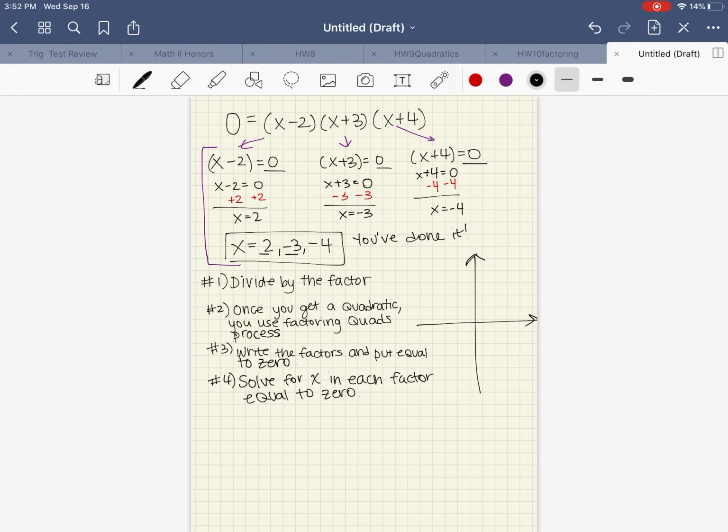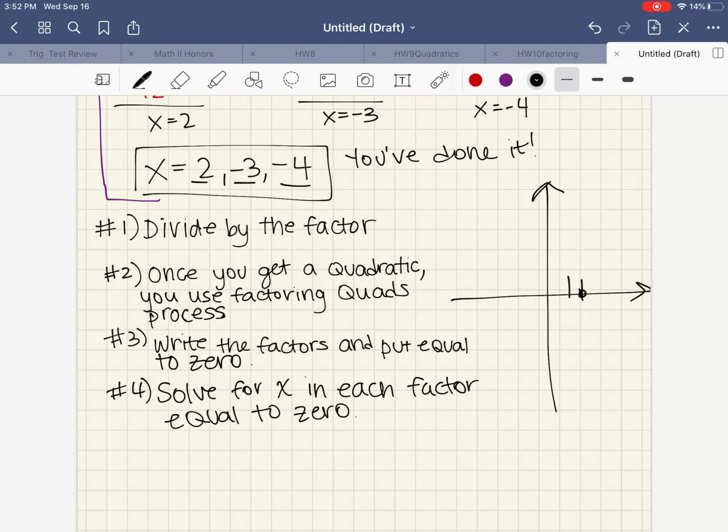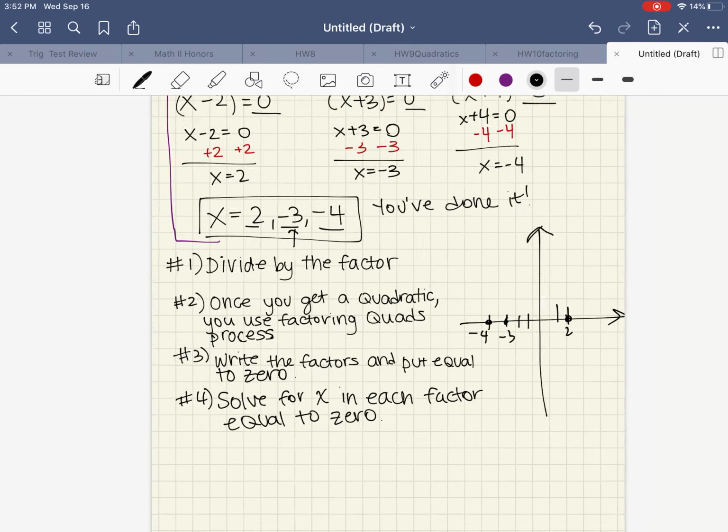Because I know x is equal to 2, -3, and -4, I would put a little dot at 2, another at -3, and another at -4.